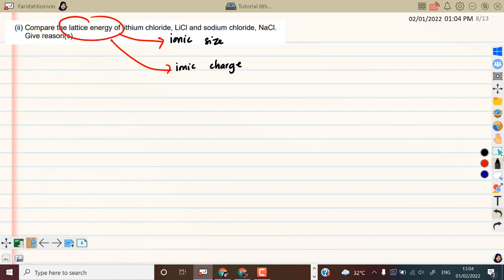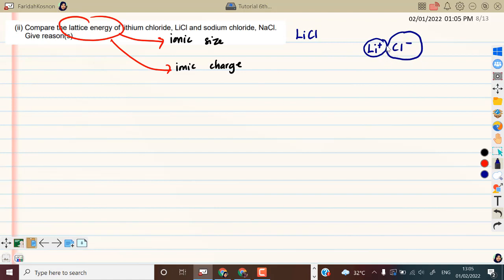Okay, kalau saya contoh kat sini, lithium chloride. Bila dalam keadaan solid, what are the particles that form lithium chloride? We have lithium ion, the cations, and chloride ion. Nampak chloride ion, the size is larger than lithium ion.